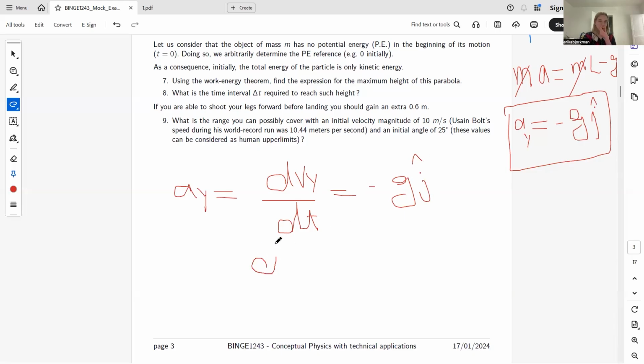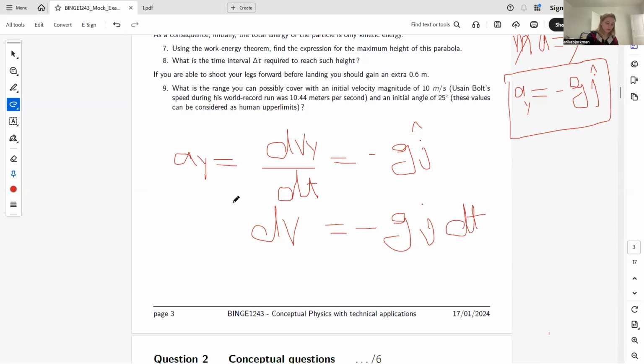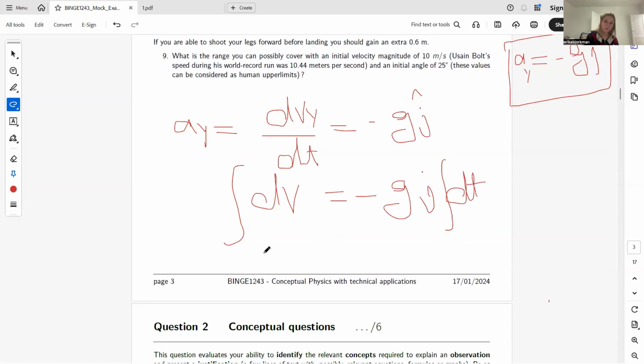Also we can write dv is equal to minus gj dt. Now we need to integrate it. As g is a constant and j is its unit vector, after integration our equation becomes v is equal to minus gtj plus some integration constant, which can be called a.